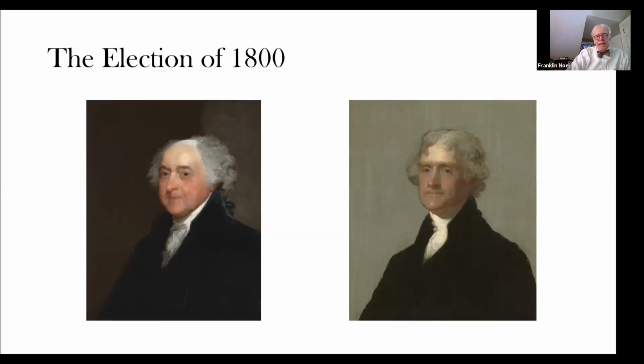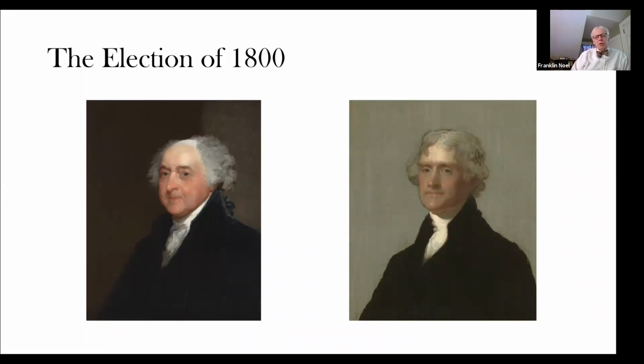The election of 1800 remains one of the most contentious in American history, though 2020 has certainly given it a run for the money. As the election unfolded, it posed a challenge to the Constitution that could only be remedied by an amendment. The election ostensibly pitted President John Adams from Massachusetts against the Virginian Thomas Jefferson, the then sitting vice president.